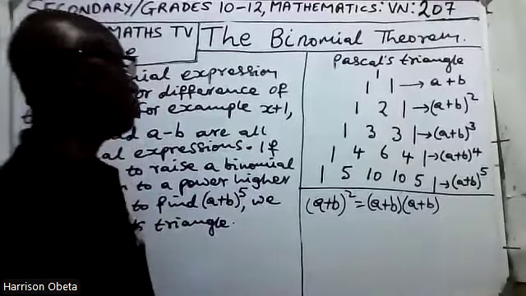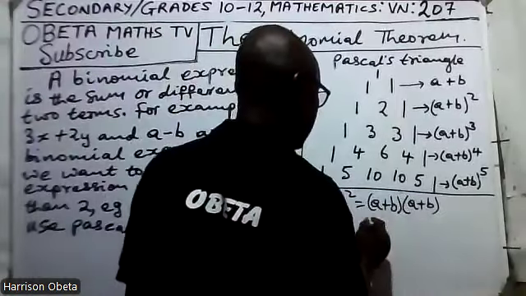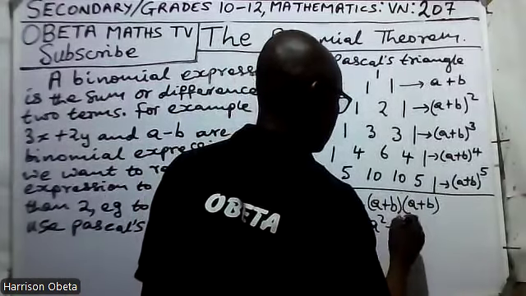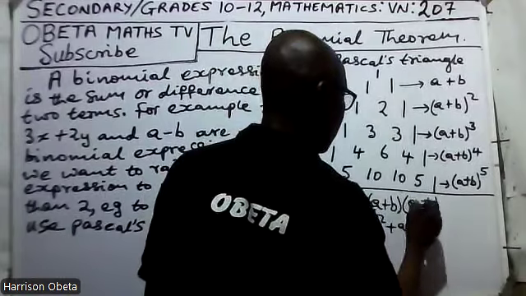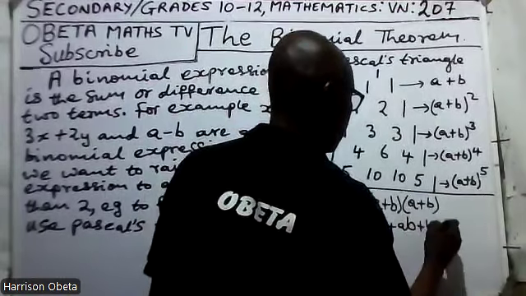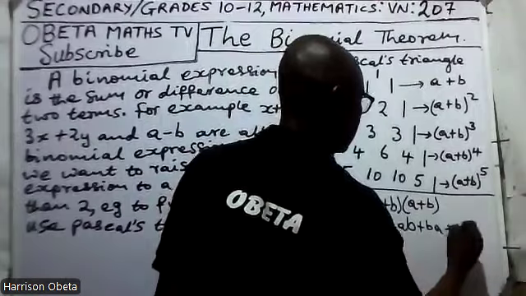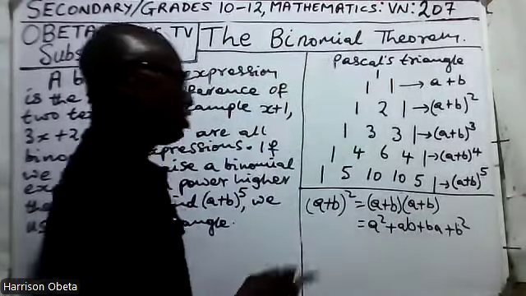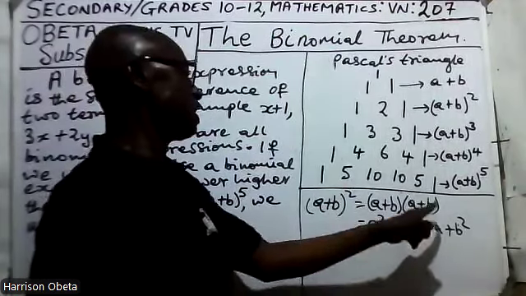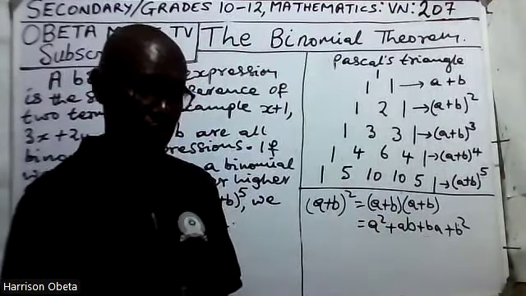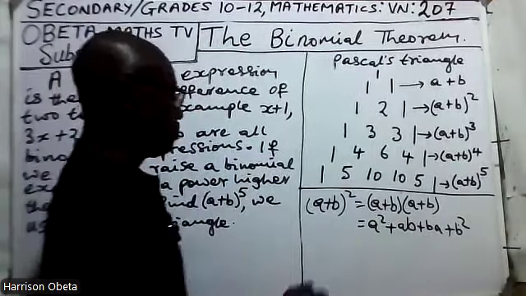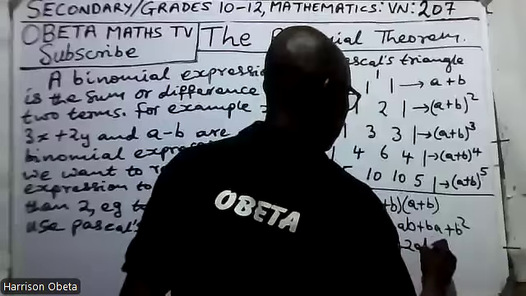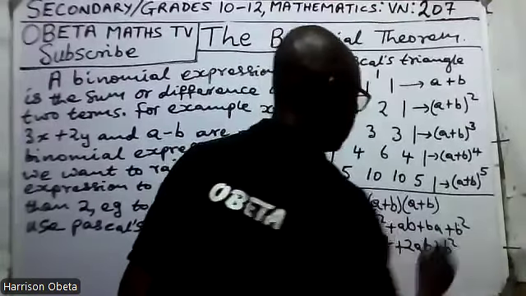Now, if you multiply out, a times a is a squared, a times b is ab, b times a is ba, and b times b is b squared. And again, you discover that ab is the same thing as ba, just like 2 times 3 and 3 times 2, which means we can have a squared plus 2ab plus b squared.